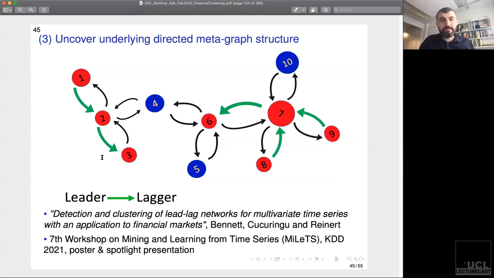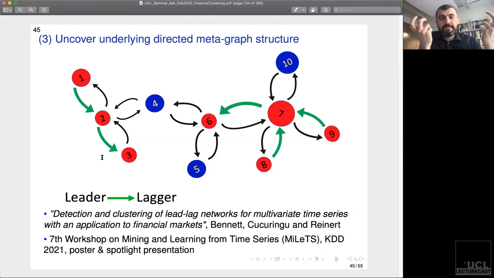Okay? And then maybe the third viewpoint, which we took in a very recent paper that I'll try to summarize in the next couple of minutes, was, instead of doing ranking, especially since in the meantime I had worked on this directed graph clustering algorithm that is able to tease out imbalanced flows in the graph, we said the following: can we find clusters in the graph such that when I look at a given pair of clusters, you observe a very high imbalance?